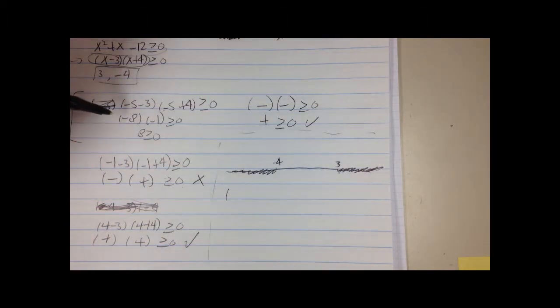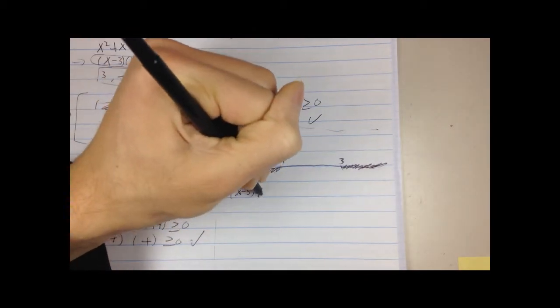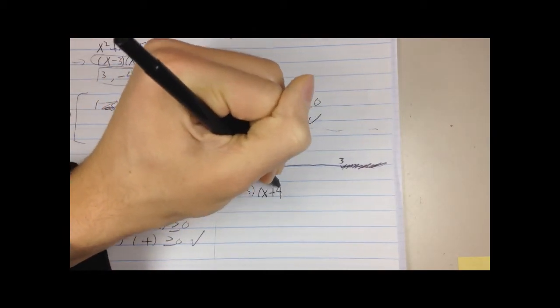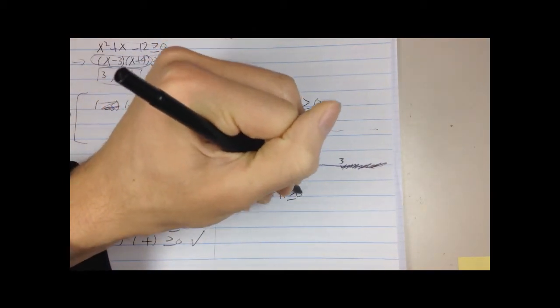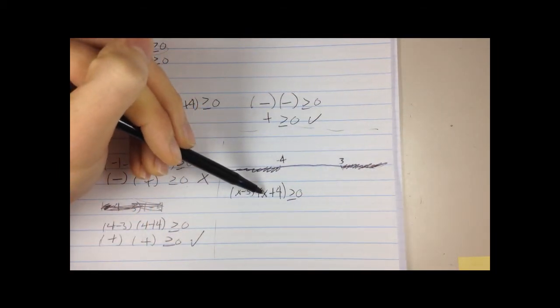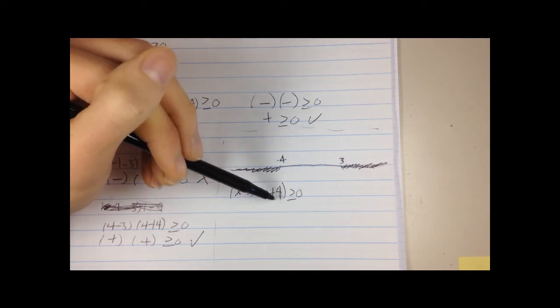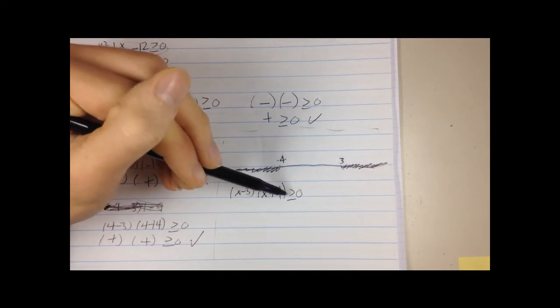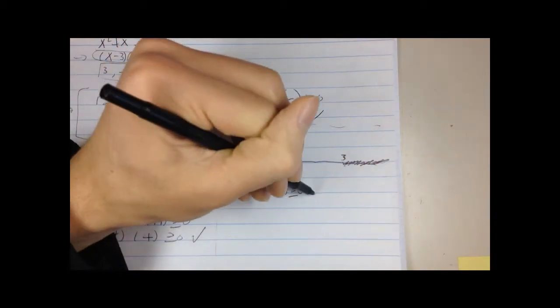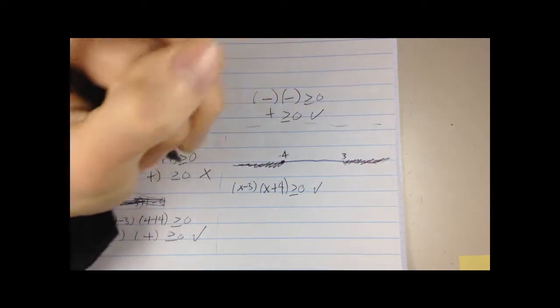So if we plug in -4 to our equation, well, that's pretty easy. We just know that if we plug -4 in here, we're going to get -4 plus 4, and that's going to equal 0. So this thing is just going to be 0 equals 0, which is true. So -4 we can include in our range.